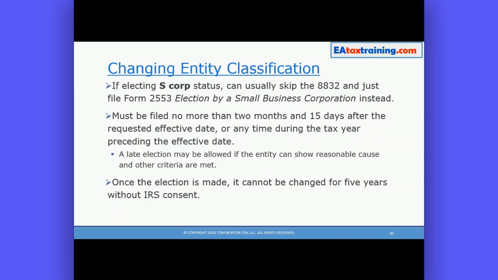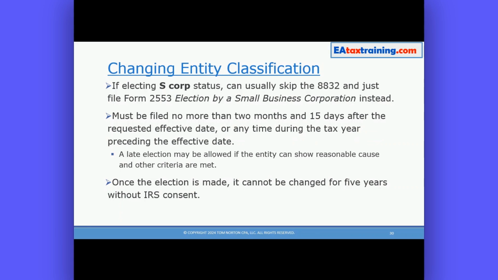In order to elect S Corp status, and you're going to find that this is much more common than entities electing C Corp status, you don't have to file that 8832. You can just file this Form 2553, election by a small business corporation. So the S Corp election is done on Form 2553.